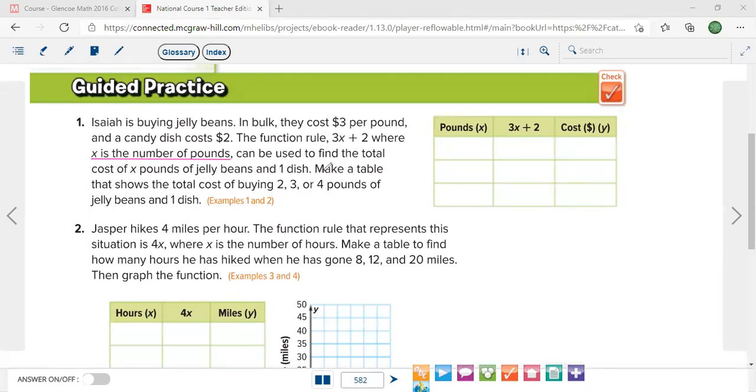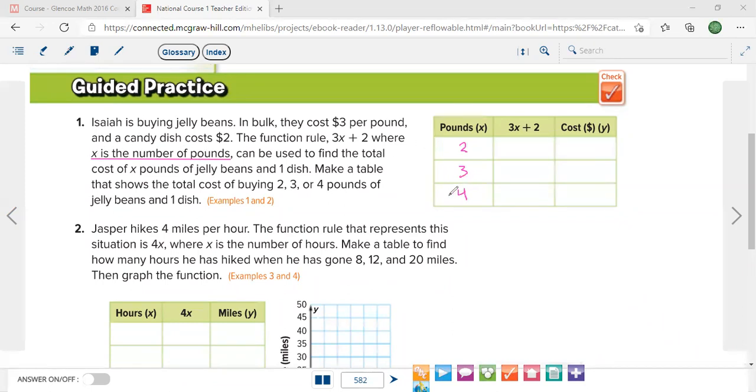Make a table that shows the total cost of buying 2, 3, 4 pounds. So put here 2, 3, and 4, because pounds is the input. X is the input.